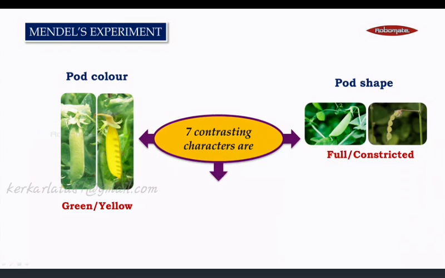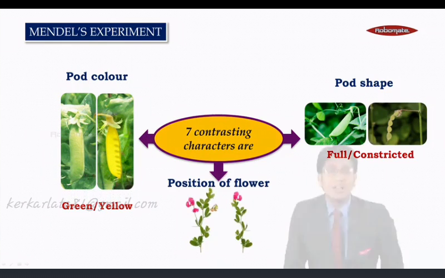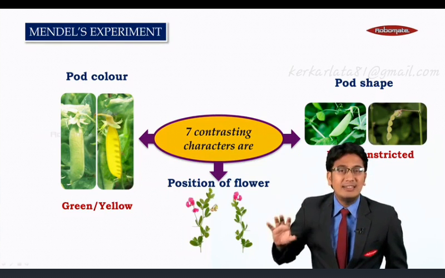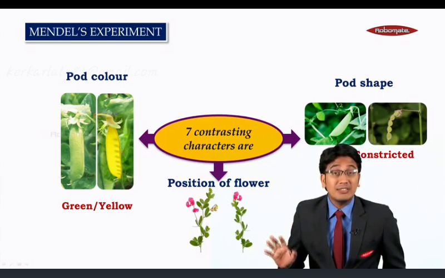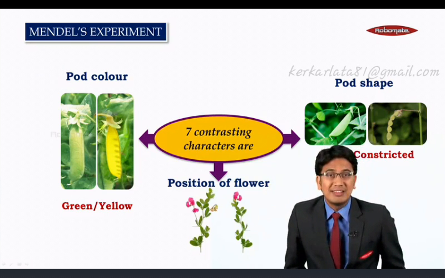And then he took the last character, the 7th contrasting character. That was the position of flower. He saw some flowers are coming at the axis of the branch, and this is called axial. But some flowers are coming at the top of the branch. It is called terminal.